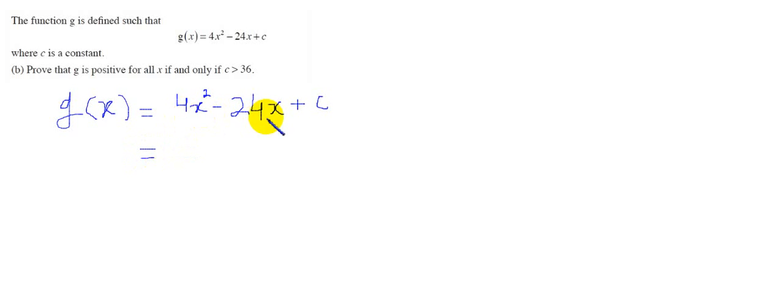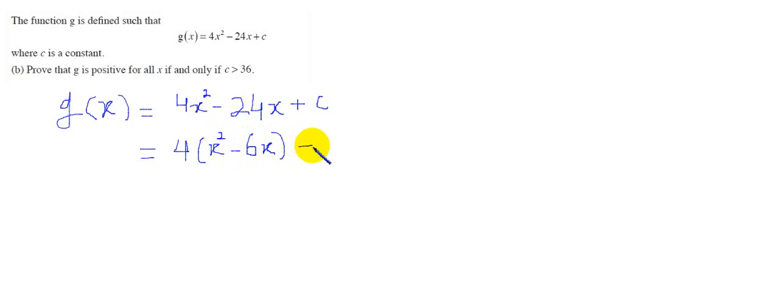Okay, so these two terms can be factorized. 4 is common, so I will take 4 as common factor, and then we will be left with x squared minus 4 times 6 is 24, so I'll write 6 here and then x, and then let's close the bracket.